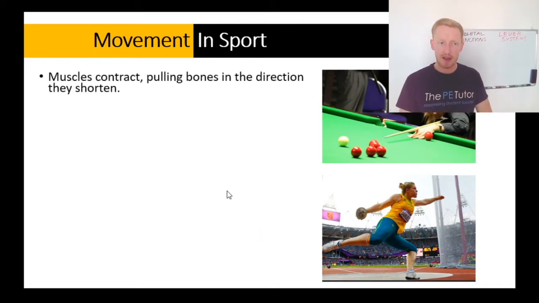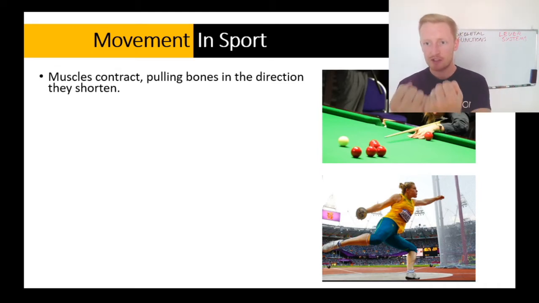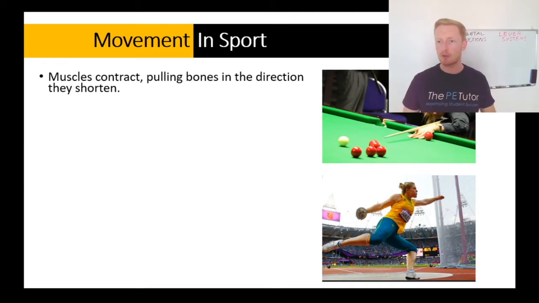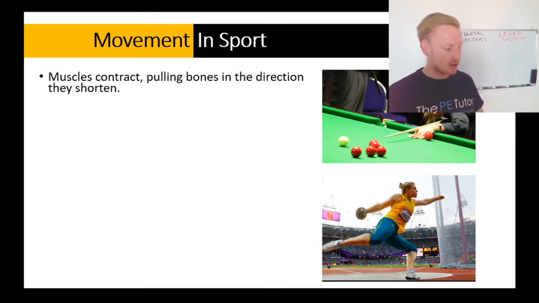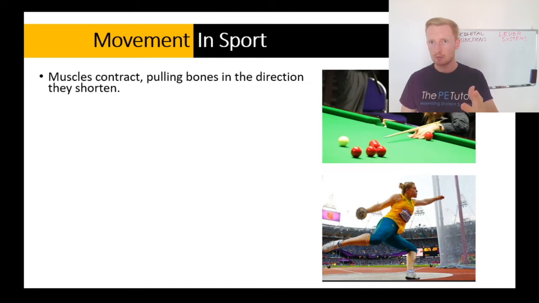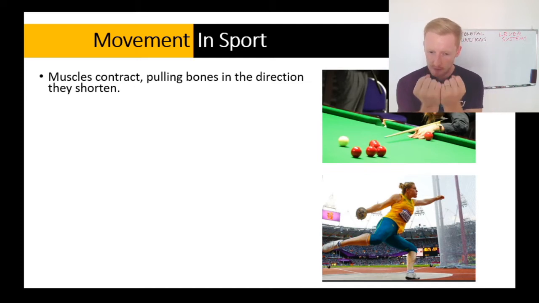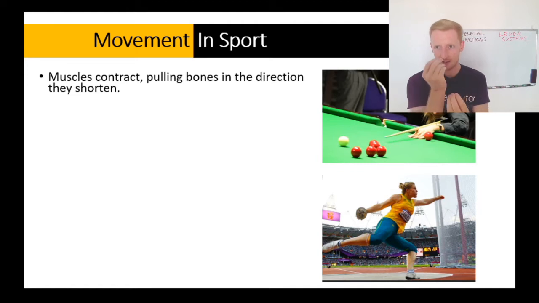Well, we've already said how bones and muscle attach, which leads to the production of movement. Now, we've got two examples here. We've got snooker and we've got discus. Snooker, fine motor skills, fine movements. It's going to be very difficult to actually produce some of the accuracy required for this sport.